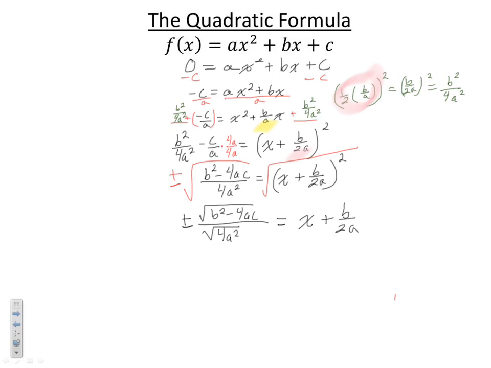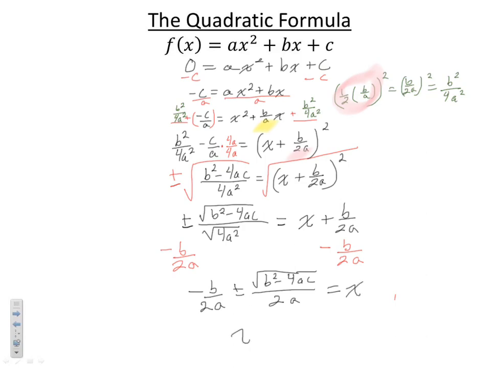So I'm going to subtract b over 2a. Okay? And I'm going to simplify that radical. So I end up with negative b over 2a plus or minus the square root of b squared minus 4ac all over 2a equals x.